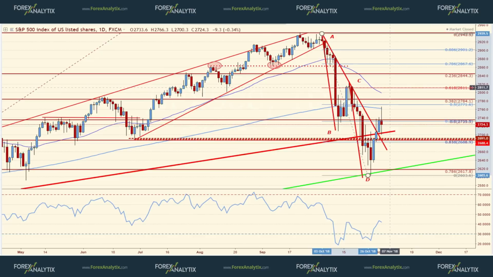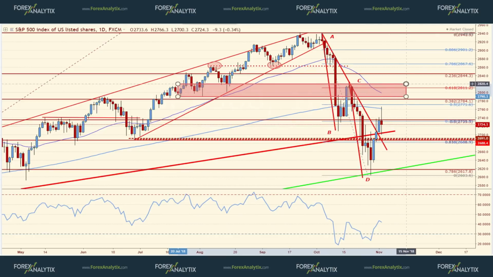I think I actually moved that just slightly. But the 618 is going to be important for the S&P on any type of bounce. You can see there's a lot of resistance coming through here, a resistance zone, if you will. Aside from the 618, there's going to be a lot of overhead resistance as we head up here.